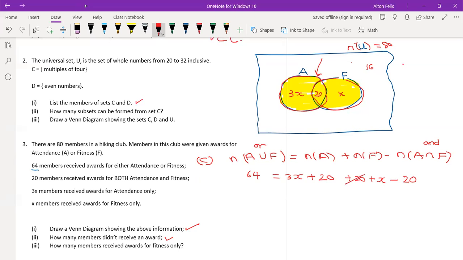Well, this 20 could cancel with this. So what this equation reduces to: 64 equals 3x plus x will give me 4x plus 20. We subtract 20 on both sides. 64 minus 20 will be 4x plus 20 minus 20.